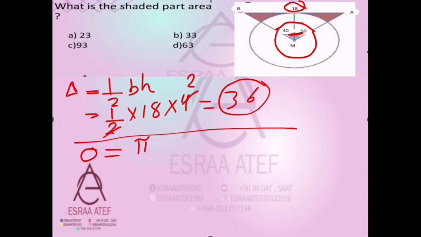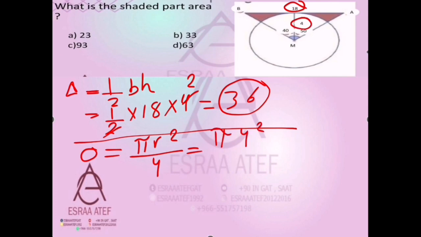The r here is 4, so it will be π times 4 squared over 4, and we can cancel the 4 with the squaring, which means 4 times 3.14.